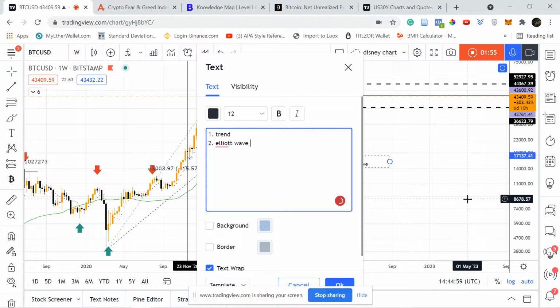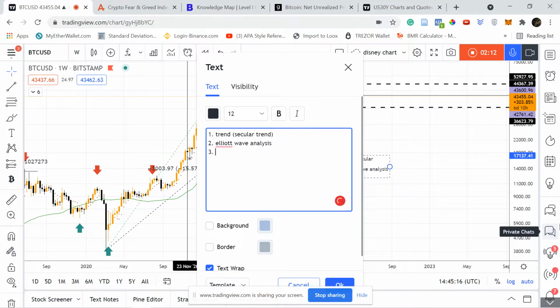So just to remind you, on the first one, the trend, I look at the secular trend and the primary trend. Then I go with the Elliott wave analysis.